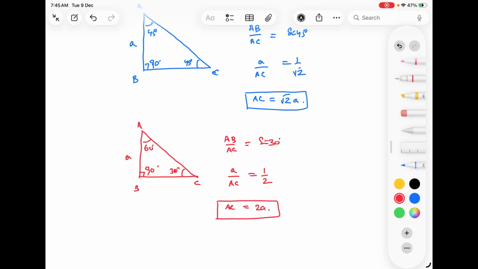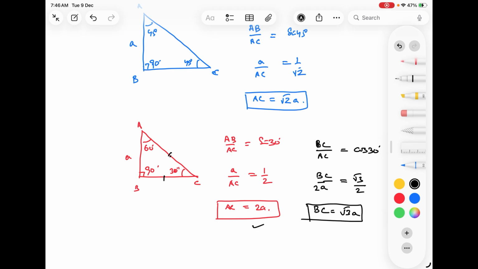And to find BC, we can use BC upon AC, which is adjacent upon hypotenuse, so it becomes cos 30. Cos 30 is root 3 by 2. AC is 2A, so we get BC is equal to root 3 times A. So this is how we can find the length of the sides, right?